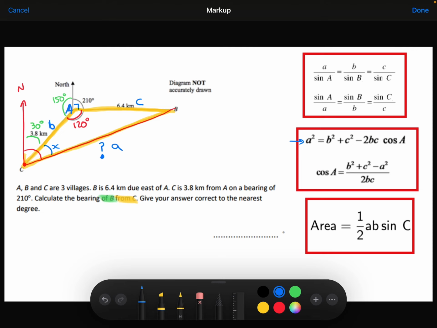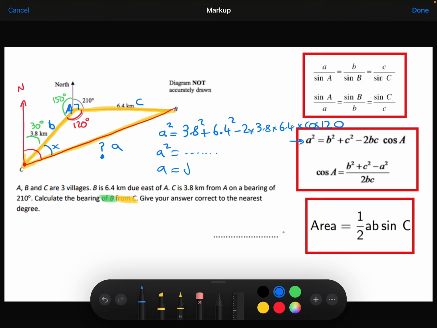Using the cosine rule for sides, I can now say that A squared is equal to B squared plus C squared minus 2 times B times C times cos of the angle in between them. If I put all that into my calculator, that will tell me what A squared is.